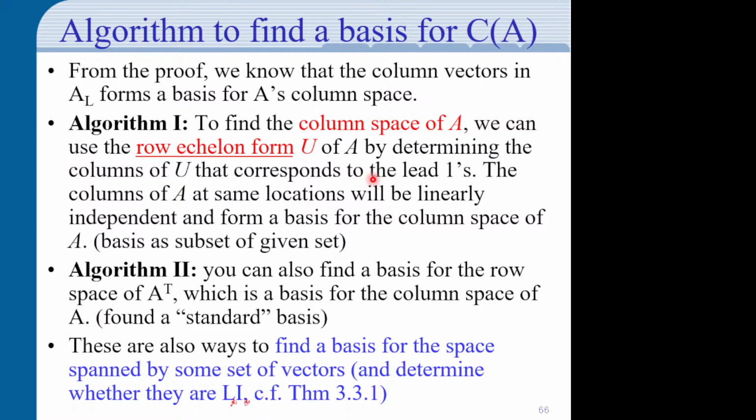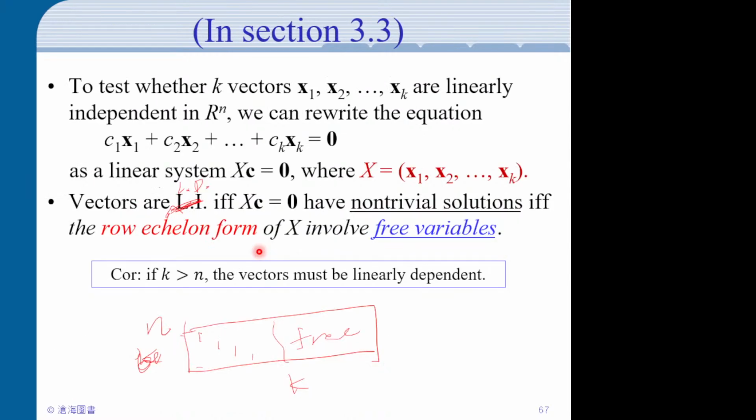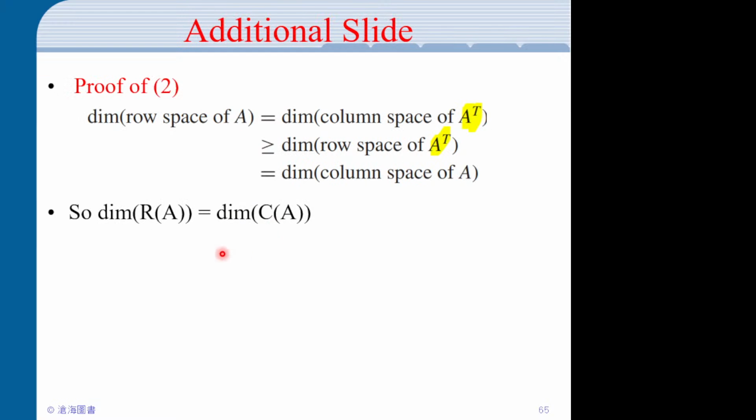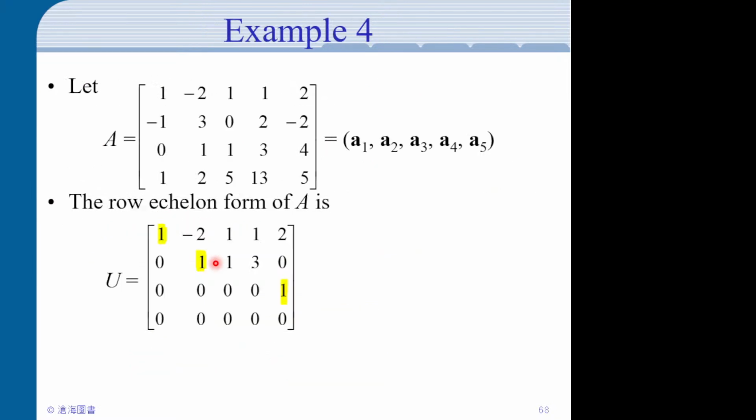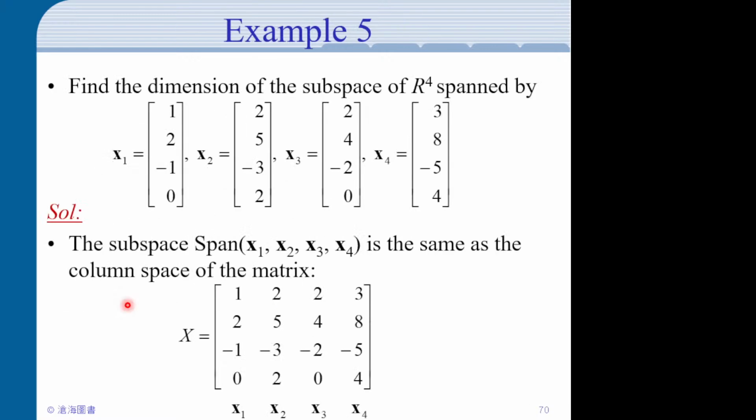They will give you the same number of elements, because when you get the reduced echelon form of either U or U transpose, you will have the same number of leading variables, and that comes from here. So you can also get the basis for the rows by doing the reduced echelon form calculation.